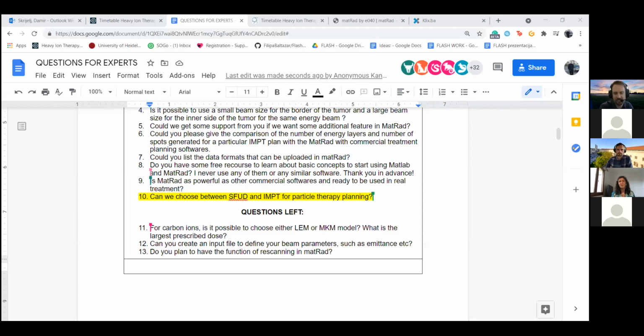Regarding SFUD and IMPT, in principle, you can do this. We have a project at the moment, for example, where we do it. We basically compute an IMPT plan, optimize a single beam, and then collapse all of this beam into a single SFUD beam. So there are ways to do this, and this is one of the reasons for matRad, that things like this are easily achievable.